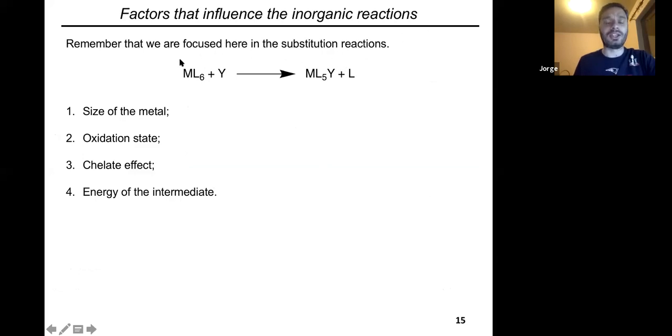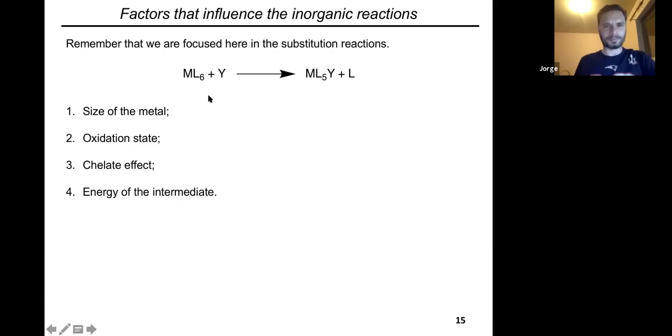That's a general scheme for an inorganic substitution reaction. We are going to add Y to the coordination sphere and kick out L. And as we saw last time, we can have three different ways to do that: by association, dissociation, or interchange. And we discussed in detail each of the mechanisms.